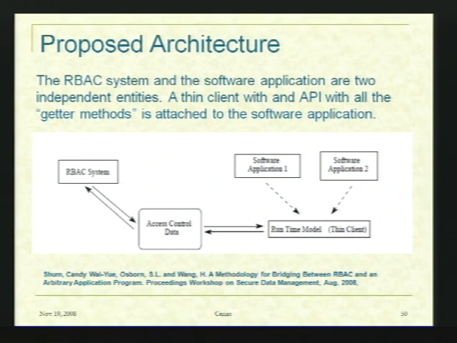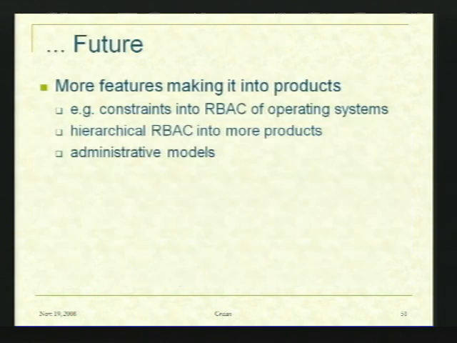Then look at all the operations that you're going to use from the application program. It's probably just all the getter methods: does this person have this privilege? And so produce a runtime component that can be attached to all your programs, and it interprets the same role design in more than one application. This was something we did recently.